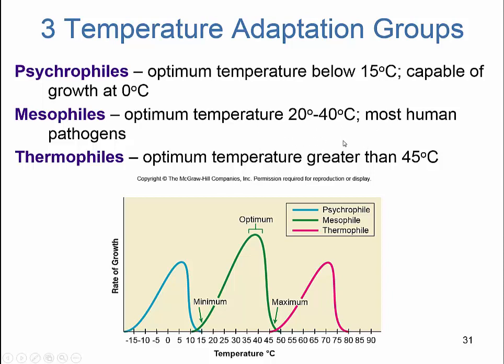If they were left on individual surfaces, we can pick up microbes from doorknobs and things like that and continue to spread those types of infections. Thermophiles, thermo meaning hot, have an optimum greater than 45 degrees Celsius, and they can thrive pretty efficiently at very high temperatures.